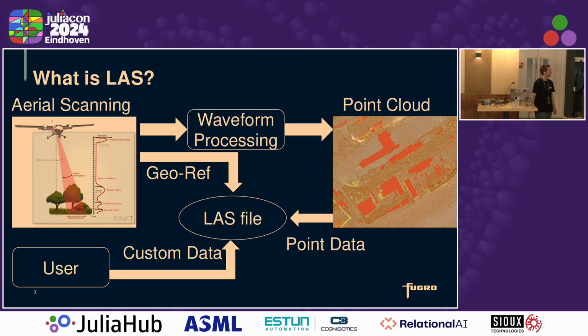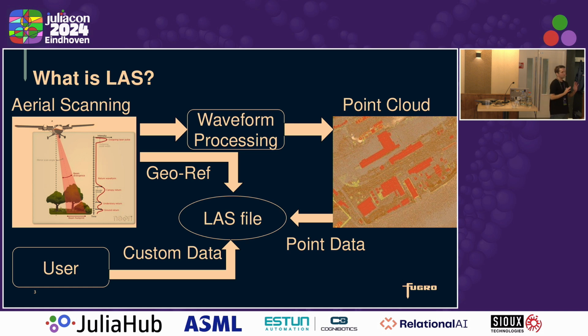LAS is a format of data file that basically allows you to store point cloud data. The process of making a LAS file is like this. You start out with an aerial scan where your plane is flying overhead and shining a laser beam down at the ground. Every time it reflects off something, you get pulses of energy that we call waveforms.